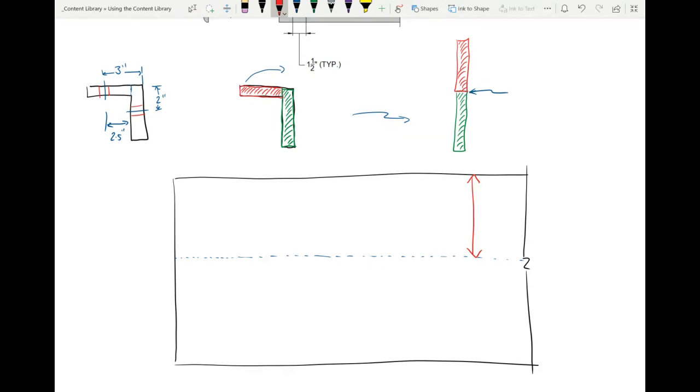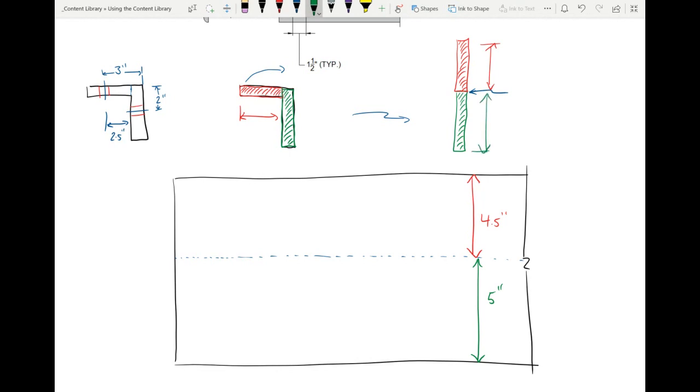Is it 5 inches? No. Here, I'll tell you. It's 4.5 inches. So that we can understand the context, we're talking about that dimension, because that's the dimension right here. I'm trying to use my colors to sort of indicate the dimensions.